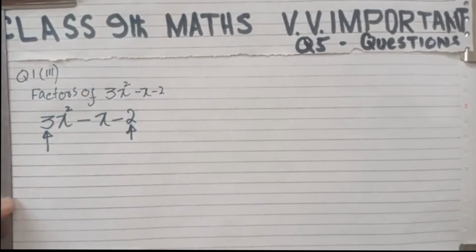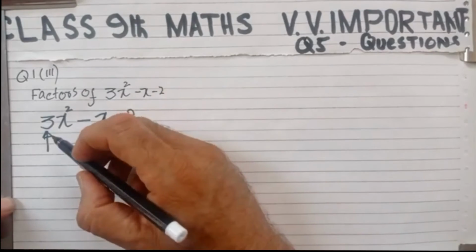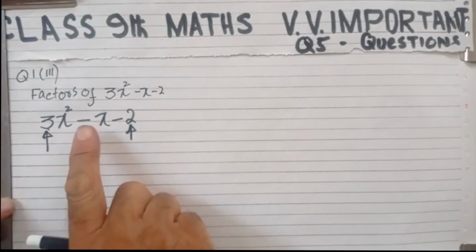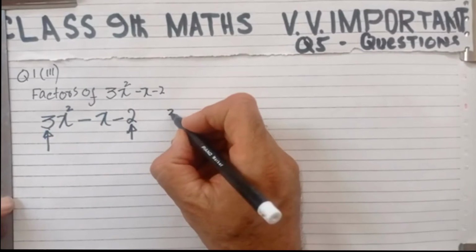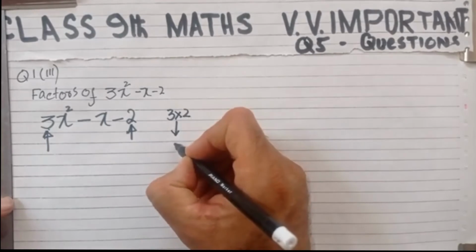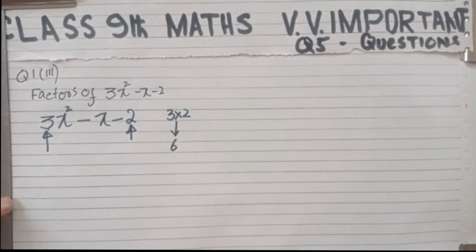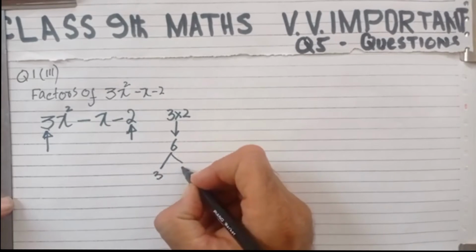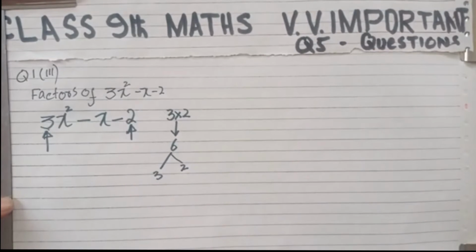I repeat, this is the constant, this is the coefficient of x square. I multiplied 3 with 2 and got 6. Now I will find such factors that when multiplied give 6, but when subtracted give 1. So the factors are 3 and 2.